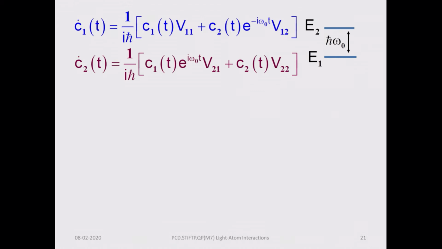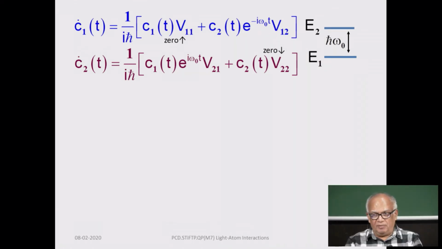So, what does it mean? It means that V11 and V22 would be 0. Okay, there will be no transition from S to S, for example, or P to P. You have a dipole transition from S to P and P to S, but not S to S and P to P orbitals. So, V11 and V22 would be 0.